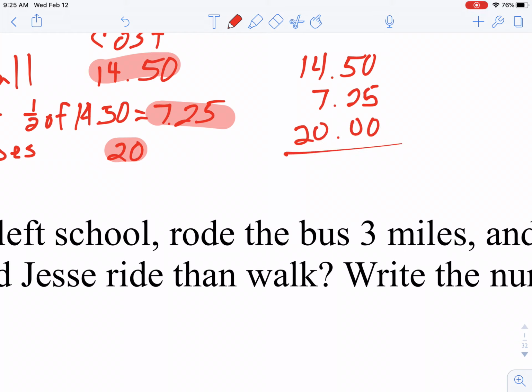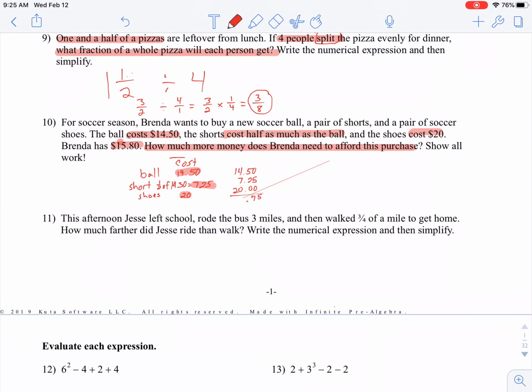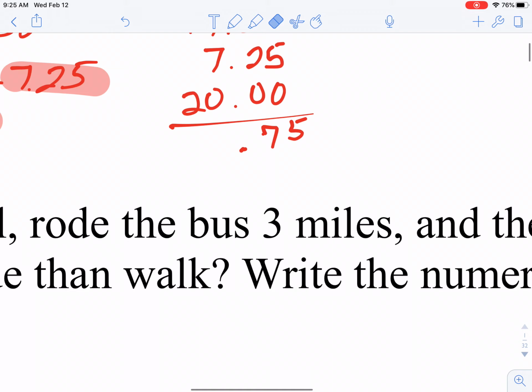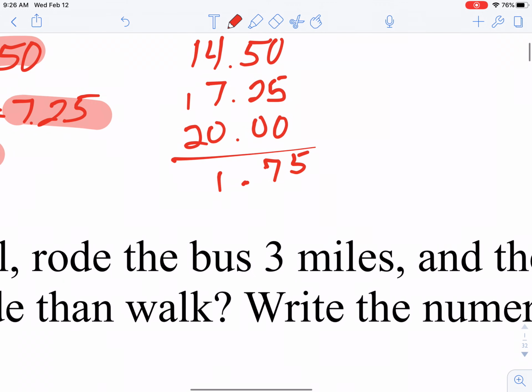And if I add those up, I get, that's going to be 5. 5 plus 2 is 7. Decimal. 4 plus 7 is 11, so I want to put my 1 there and carry a 1. 1 plus 1 is 2, plus 2 more is 4.